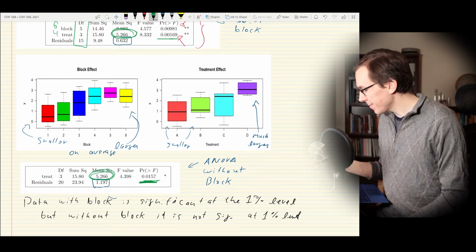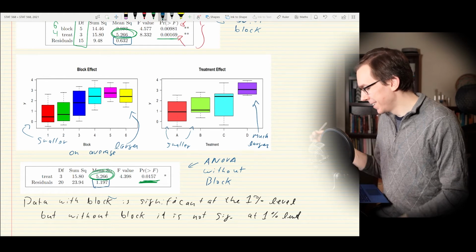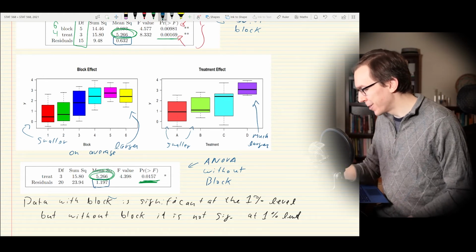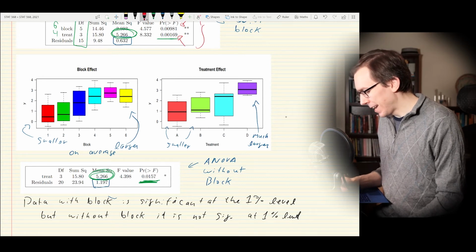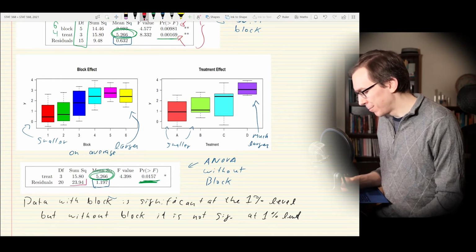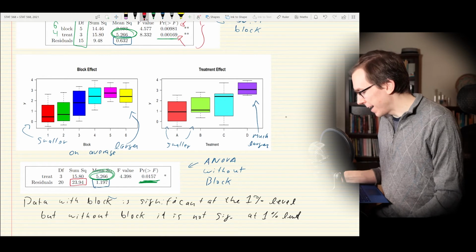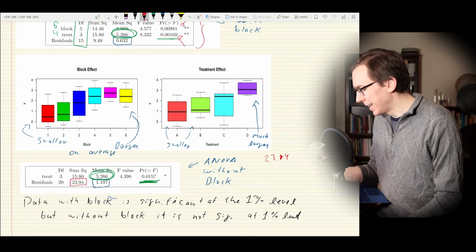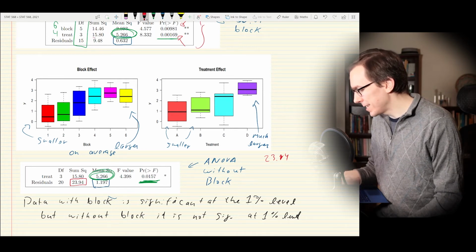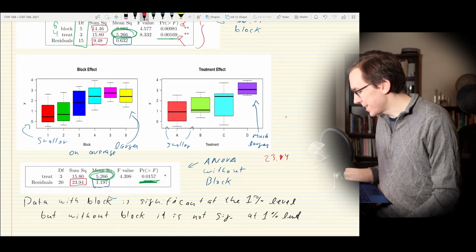But one other thing to notice, if this current page is not messy enough already, I will add in one other crazy thing, which is to note that in the non-blocked ANOVA, we have 23.94 for our residual sum of squares. If we go up here, we see that our residuals now are 9.48 and 14.46.